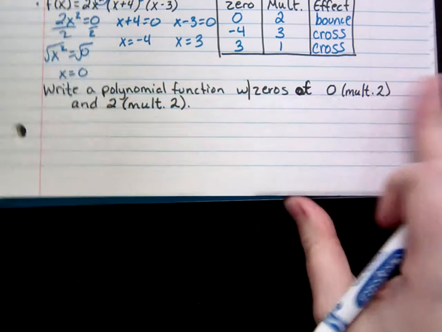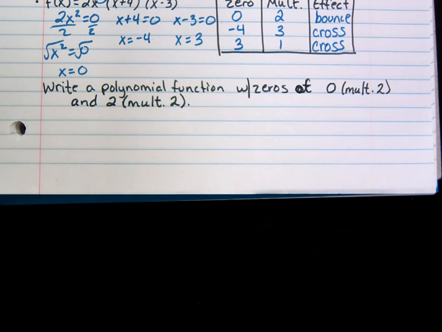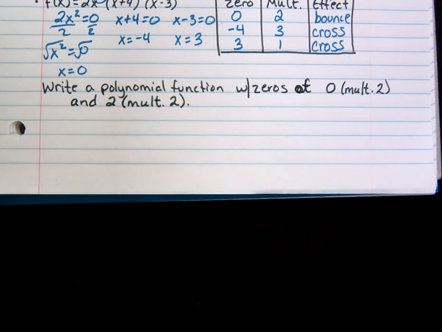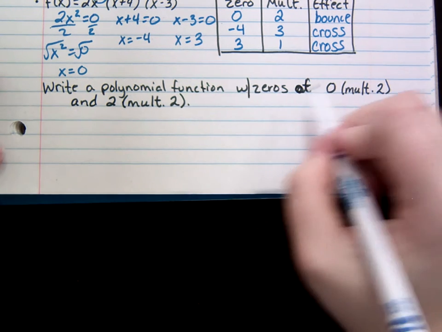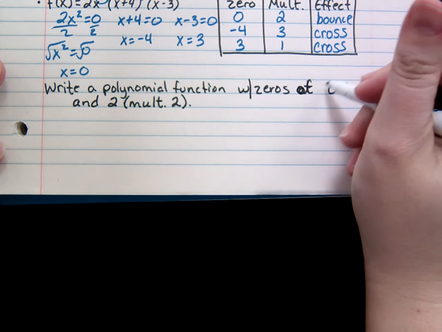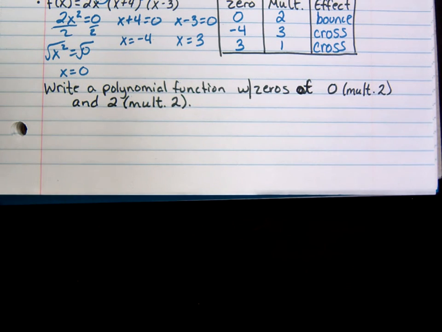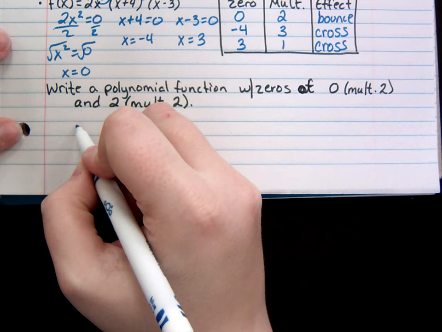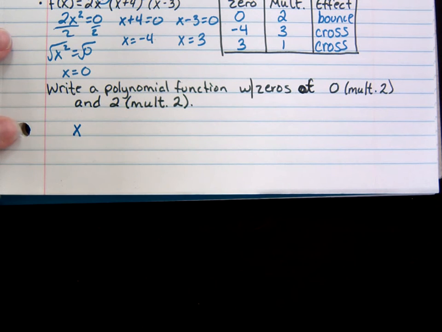Alright, so another practice problem, but this one's kind of going in reverse. I tell you what the zeros are and ask you to write the equation. A zero of 0 means if I were to set x equal to 0 and solve, I would get 0.